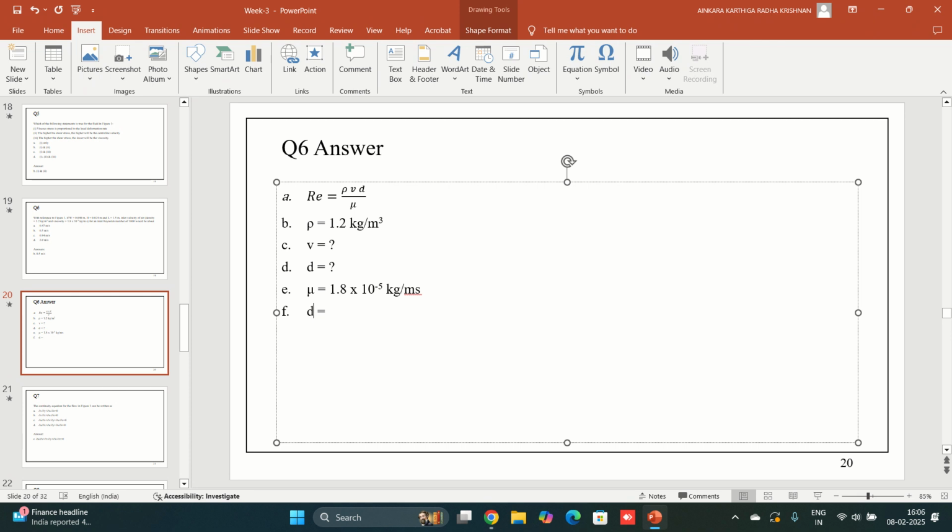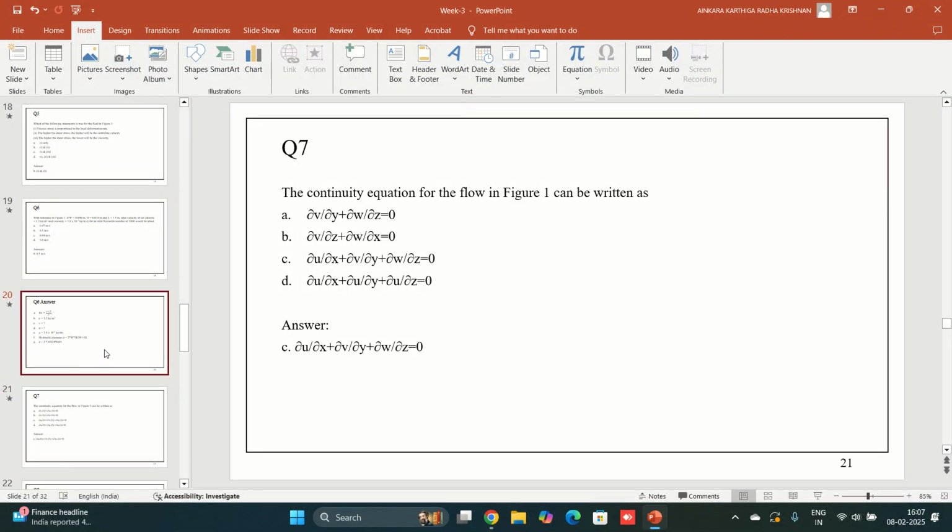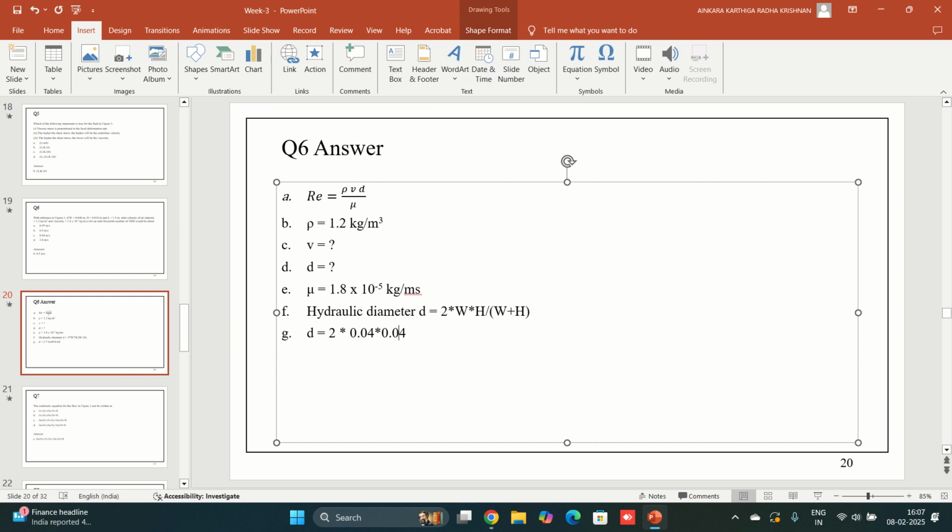D hydraulic diameter equals 2 times W into H divided by W plus H. So D equals 2 into 0.04 into 0.024 divided by 0.04 plus 0.024. So what is the answer that is coming?